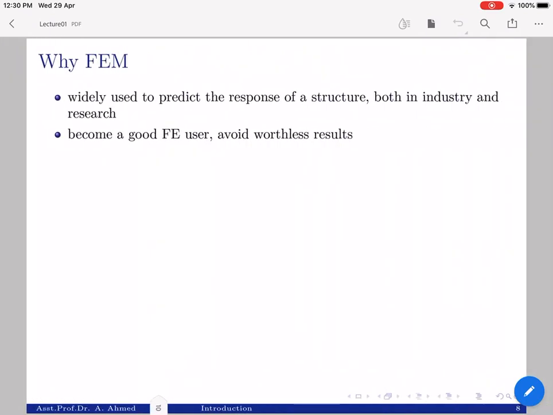Yeah, of course. Another reason could be to study finite element because we want to be a good finite element user. We want to avoid worthless results.